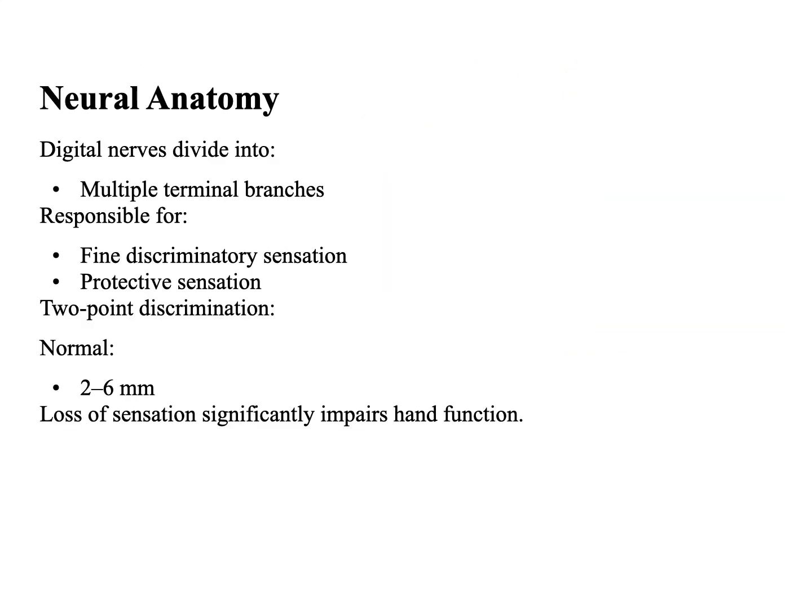Okay, as we talked earlier about the neural end plates, we have two digital nerves that form multiple terminal branches. These terminal branches decussate with each other, and it's very important to know that the two-point discrimination in the fingertip is 2 millimeters, the smallest area in the body and the most sensitive.